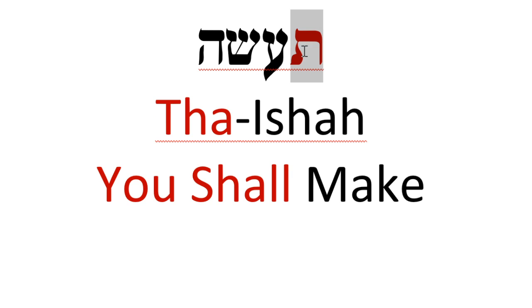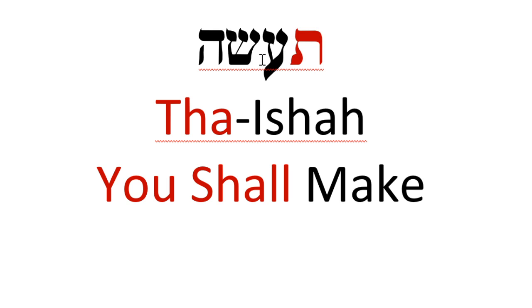Next, we have the prefix ta, which means you shall. We know it translates to a few other things, but in this case, we're going to translate it as you shall. Now, in the Hebrew Bible, we're going to go to a chapter to show you how this prefix is translated. In Exodus 20, we're going to show you how this prefix ta is translated as thou shalt.